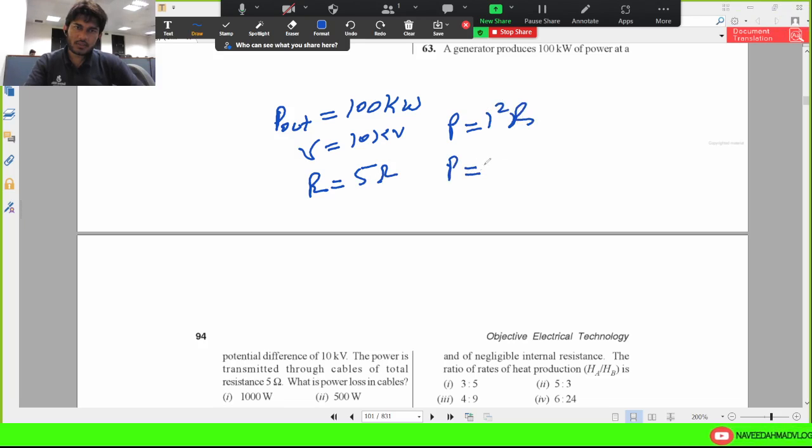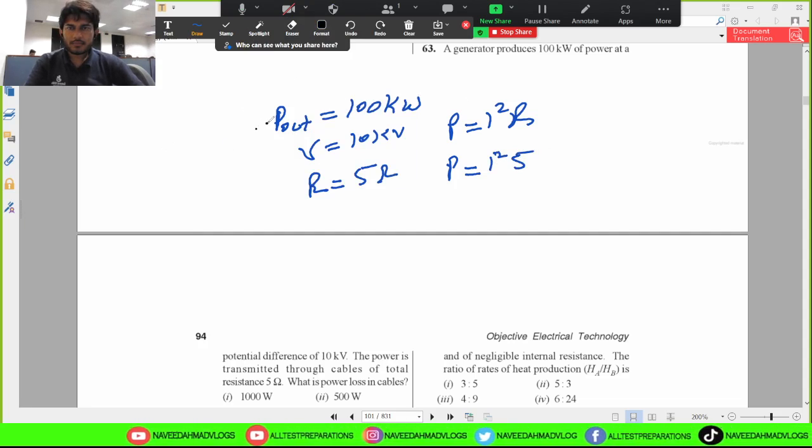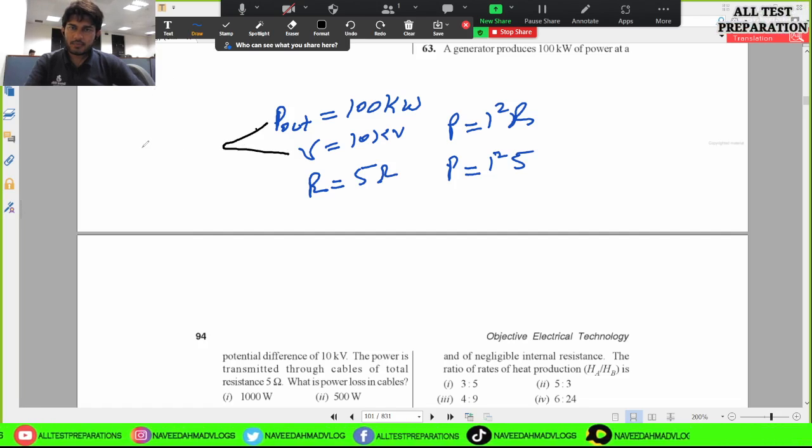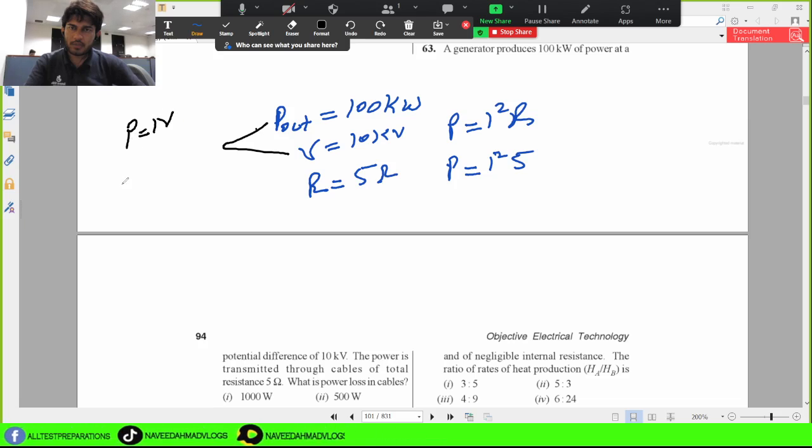So the current, you can find from above, from here we will get the current. That is P is equal to IV. Apply this formula, P is equal to IV. So your power is 100 kilowatt divided by 10 kilowatt.